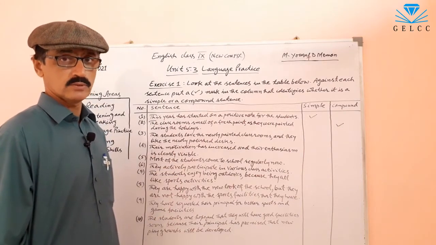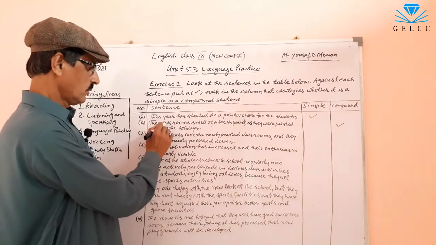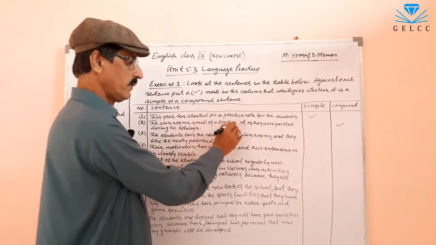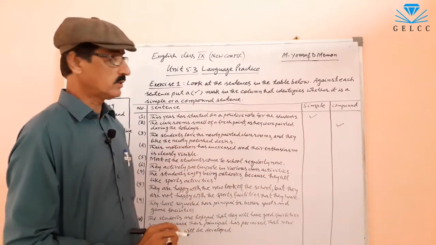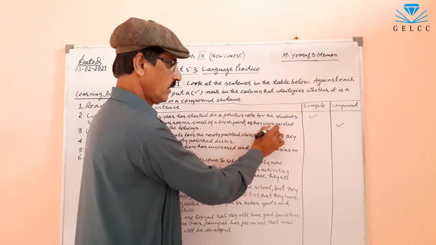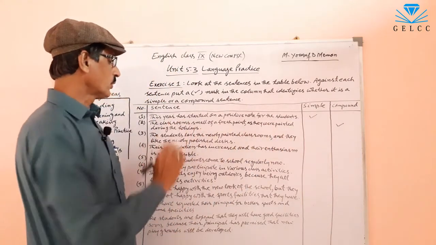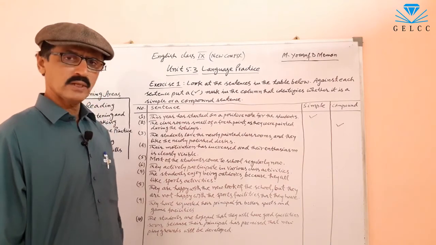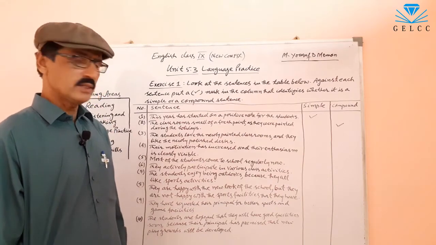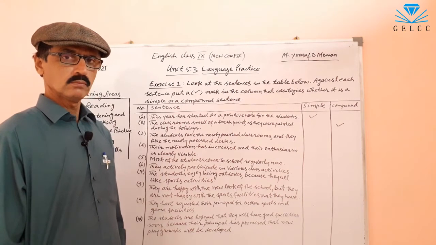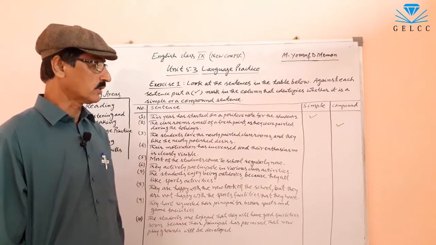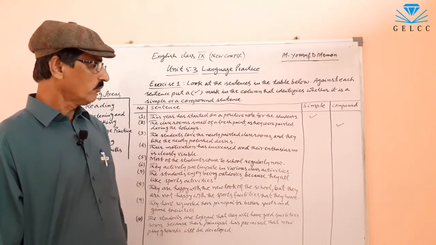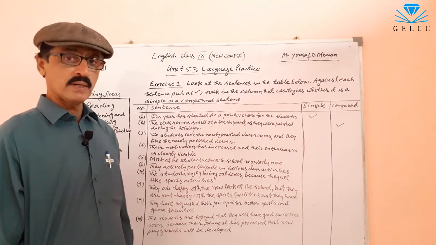There are two sentences. One sentence, the classrooms smell of fresh paint. And the other sentence is, they were painted during the holidays. Both the sentences can stand alone. It means a compound sentence is that sentence which has independent clauses.